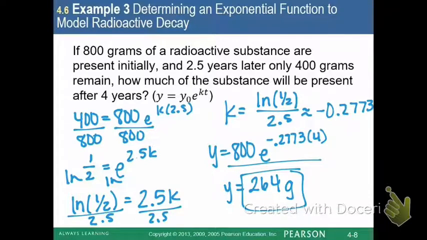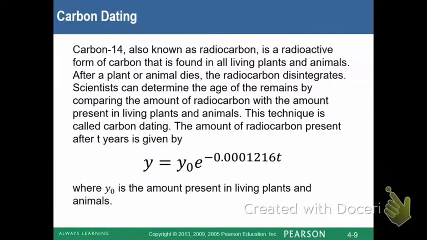Good. And then last type of problem, which I think is super interesting. You can go ahead and read through that paragraph, but carbon dating, if you haven't heard of it, you probably have heard of it in your science class. It is a way of determining the age of a set of remains by comparing the amount of, it's called radiocarbon, with the amount present in a living plant or animal.